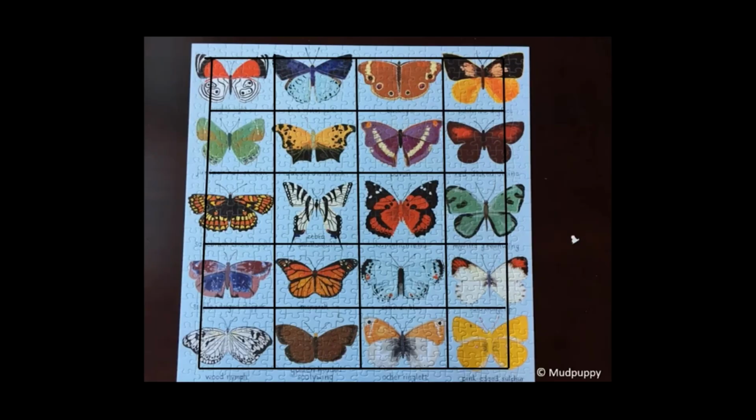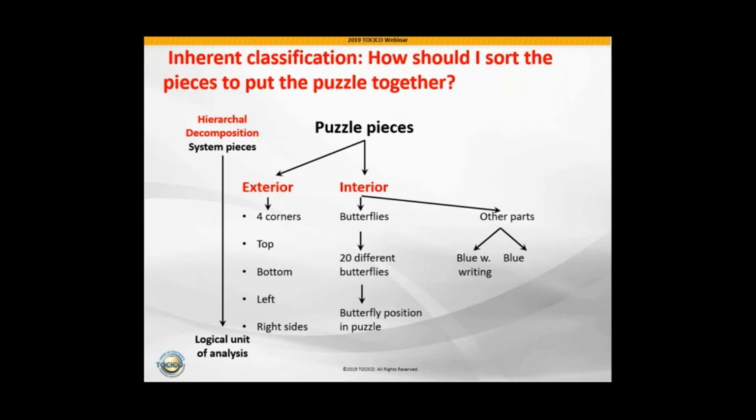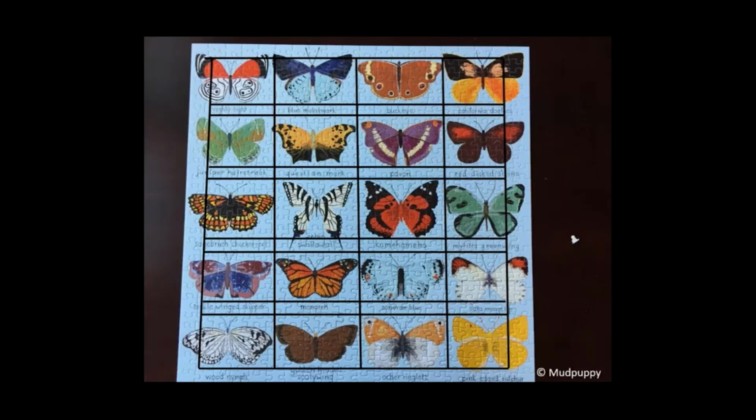I've got the 20 different butterflies as my next stage there. And then I probably take my other pieces and sort them into blue pieces with writing and solid blue pieces. So that's what I'm doing there. You see, I've marked off those pieces that have writing and I've got them in one pile, those that have nothing but blue in another pile.